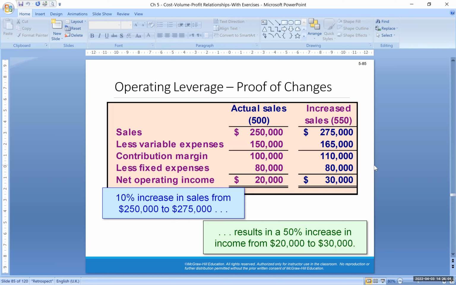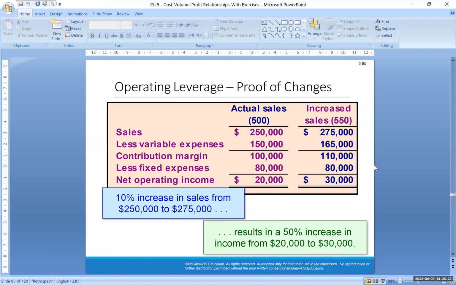So we will recognize $30,000 in the net operating income if we sell 550 units, which is an increase of 10% in sales.